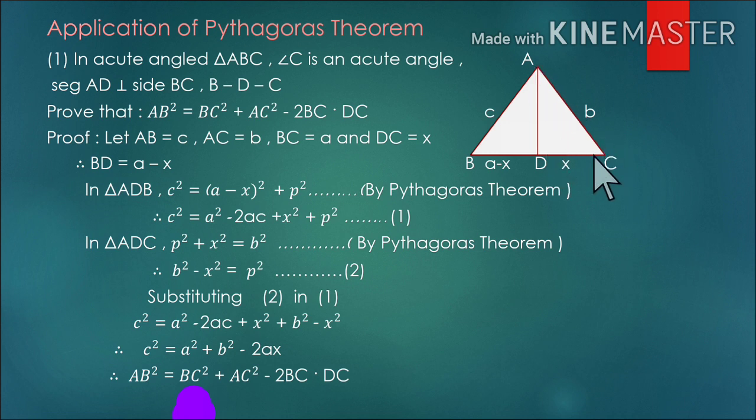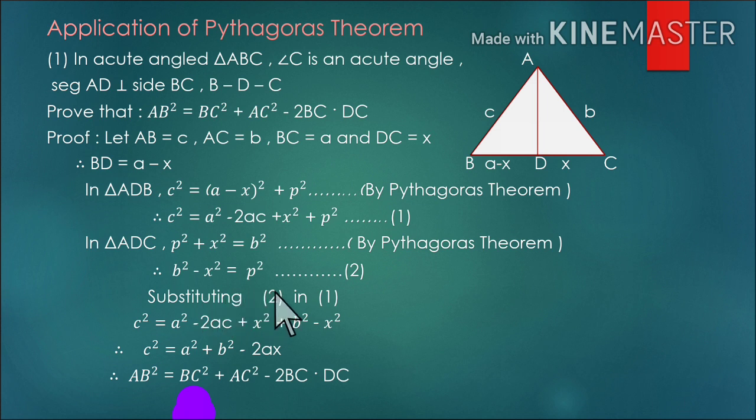B square is equal to X square plus P square. Now, we will rearrange that equation so that we get B square minus X square is equal to P square. This is number 2.